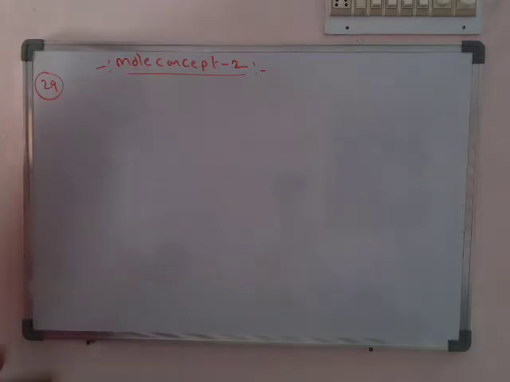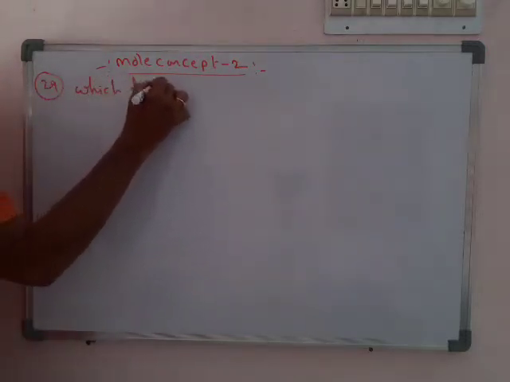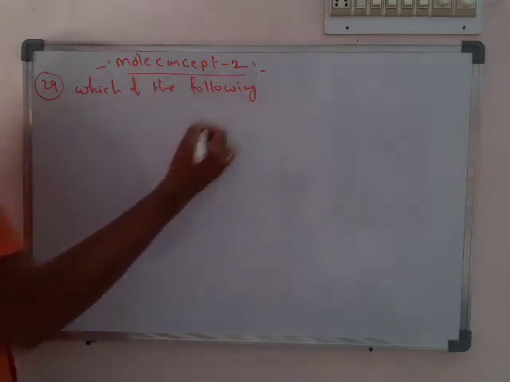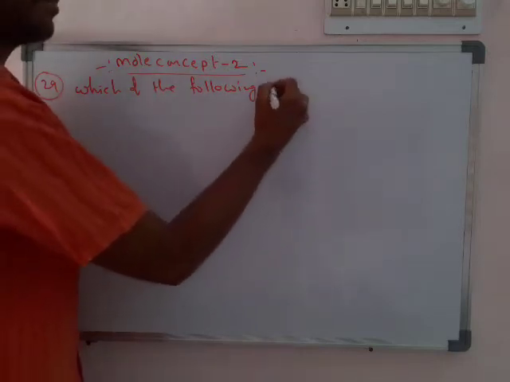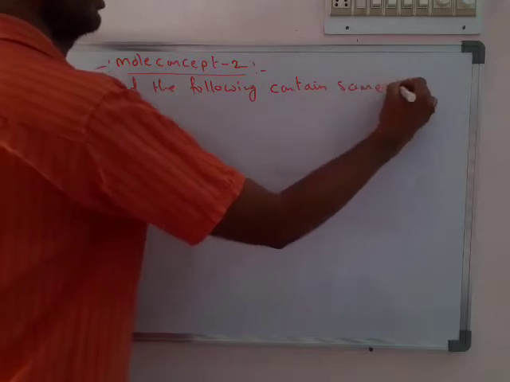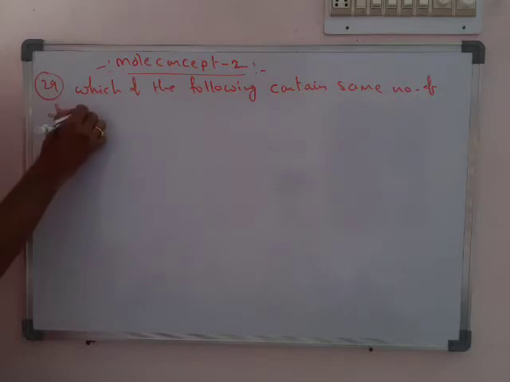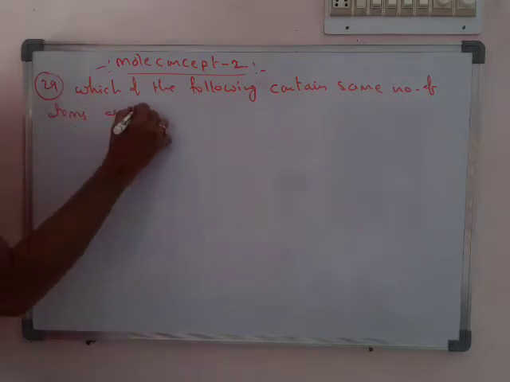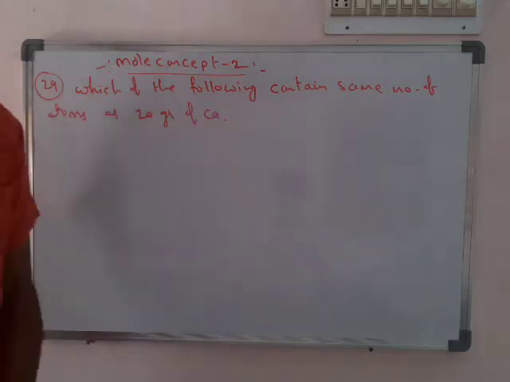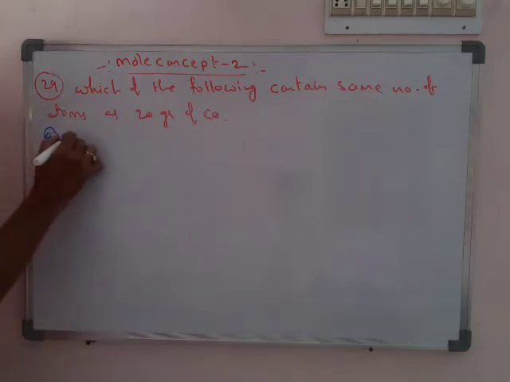Which of the following containers contains the same number of atoms as 20 grams of calcium? It is totally based on the options, so to compare, I am writing the options also.